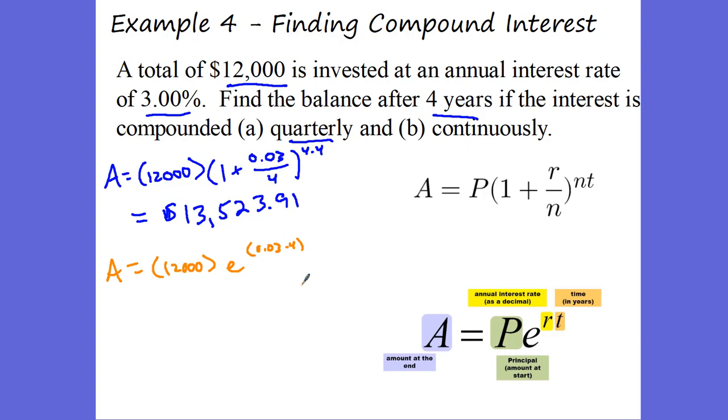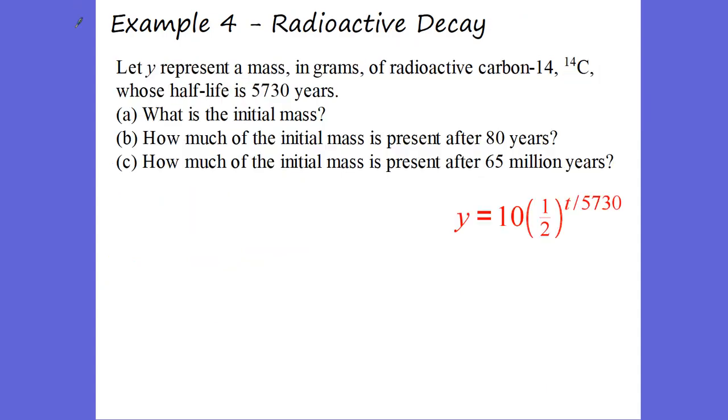How do you know where e is? It's in your calculator, right next to the natural log, the ln button. So make sure you take a look at your calculator to see that e. And what would we make if we compounded continuously? A little bit more, $13,529.96.